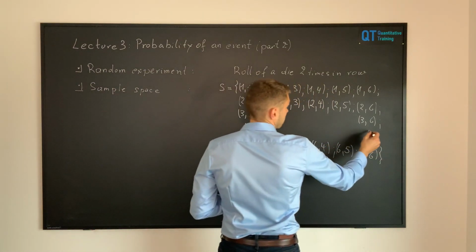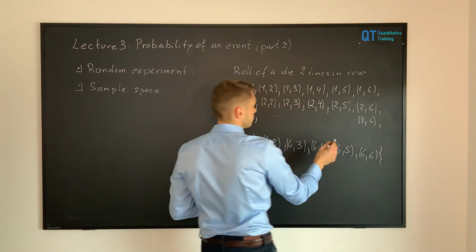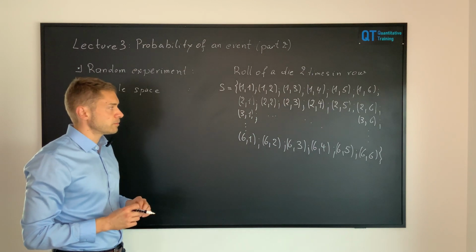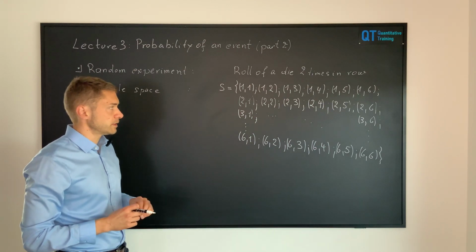Here we have 3 dots, meaning that we have additional elements that are not presented, but that are very similar to the ones that are.